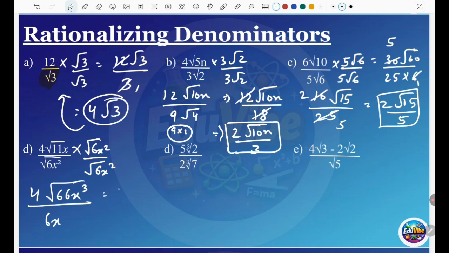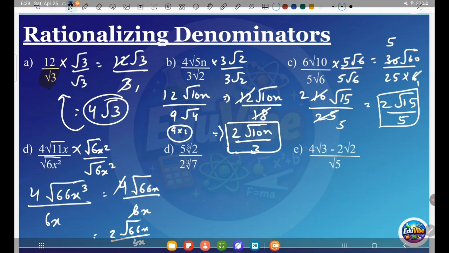The x squared comes out as x, so you cancel it out, and you get 2 root 66x upon 3x. This is the answer for that.